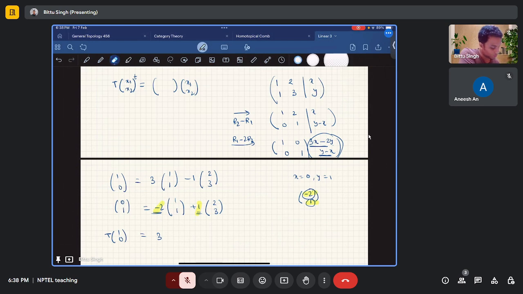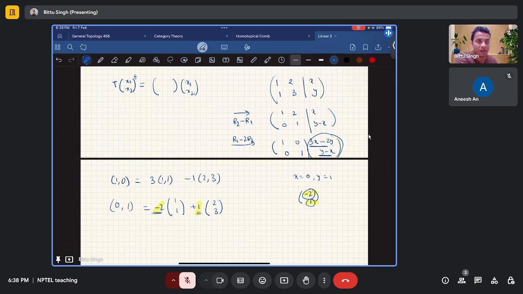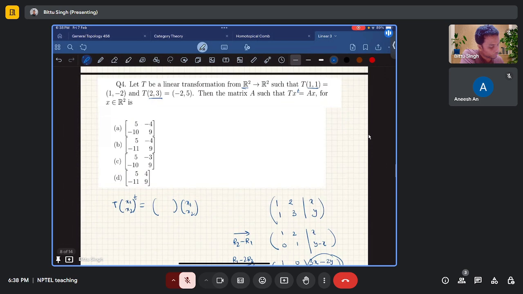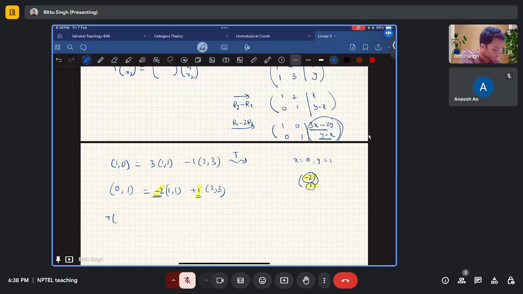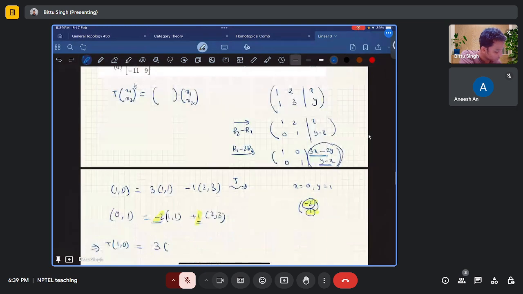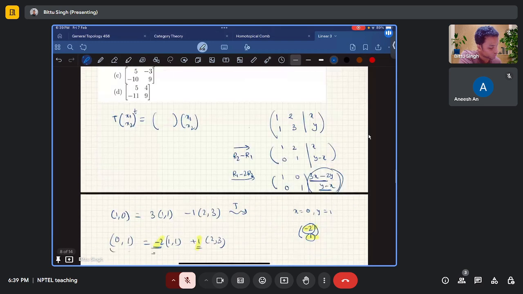I should write in row form. (1, 0) is this combination of (1, 1) and (2, 3), so if we apply T on both sides, T of (1, 0) becomes 3 times T of (1, 1), but T of (1, 1) is the same as (1, minus 2), and (2, 3) goes to (minus 2, 5).